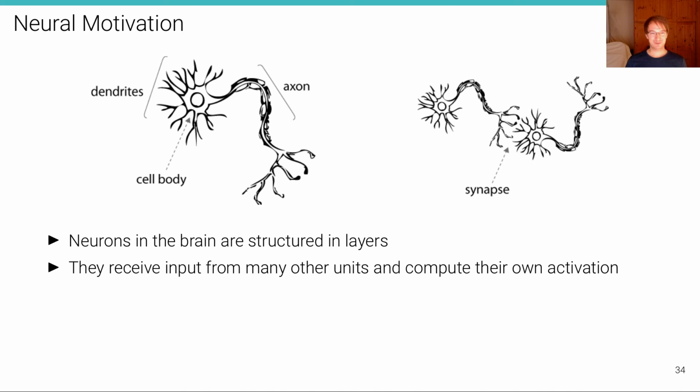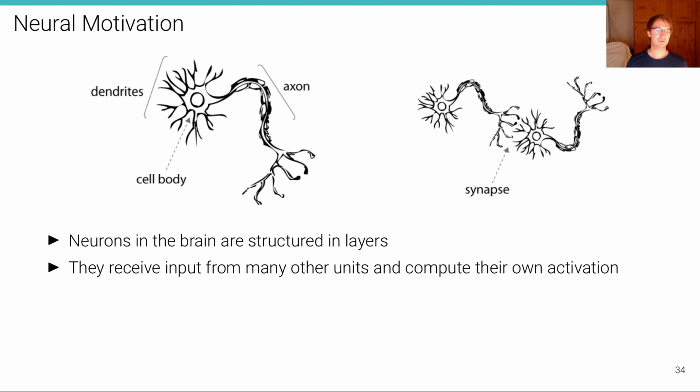So coming to the neural motivation, the reason why these units are called neurons and the networks are called neural networks is that they are inspired by the brain. Neurons in the brain are also structured in layers, similarly to MLPs being structured in layers.